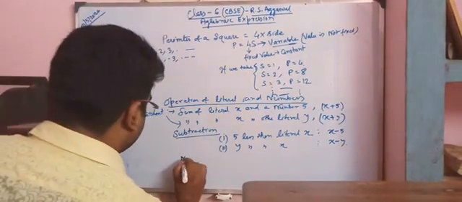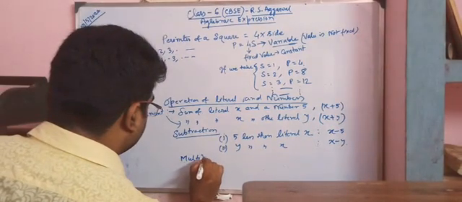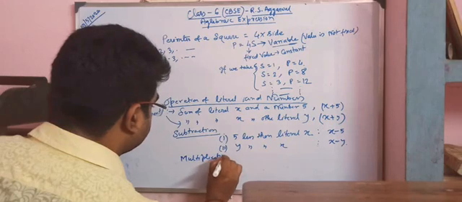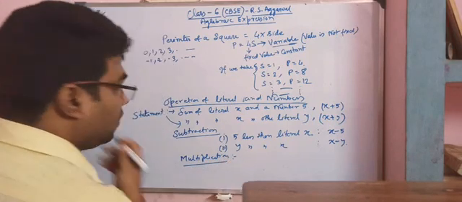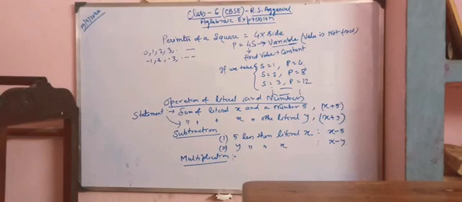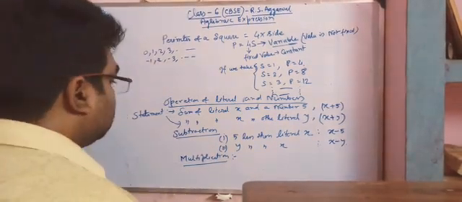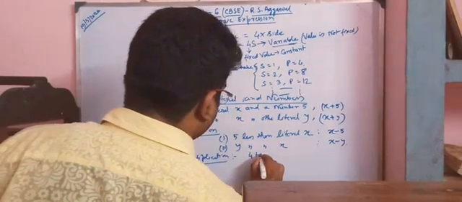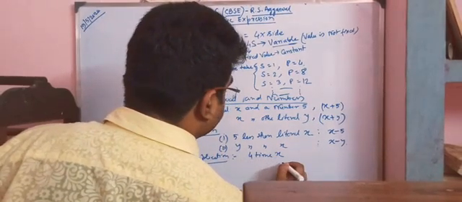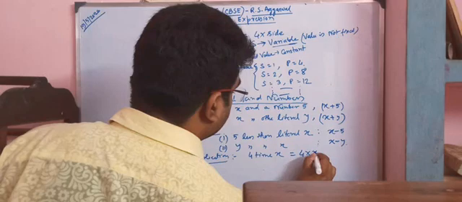Next come to multiplication. Four times x. 4 times x means 4 into x means 4x.